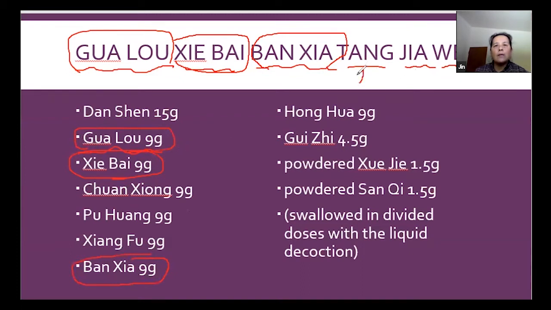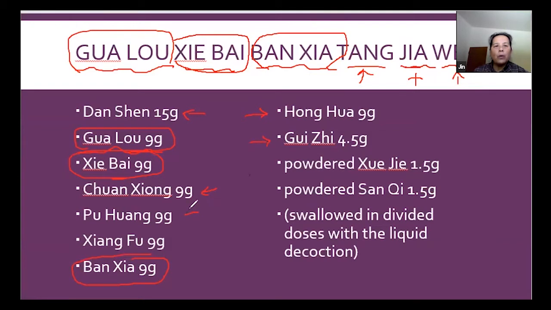Tang is decoction. Jia means plus. Wei means ingredient. So from that formula we modified, adding more herbs. 丹参 moves blood, 红花 moves blood. 桂枝 is a warming herb also, so that's warming the heart. 川芎 moves blood.